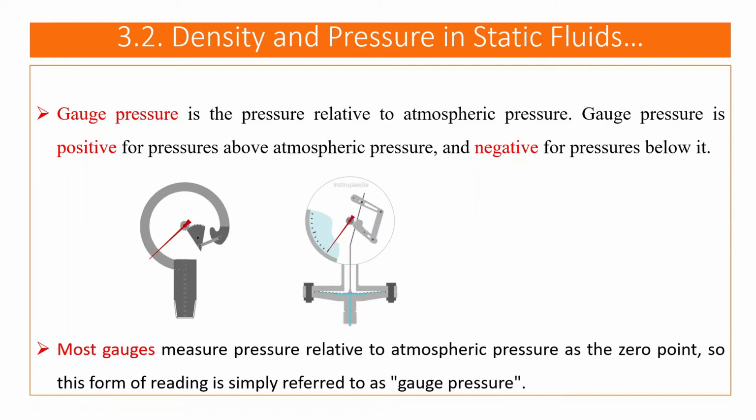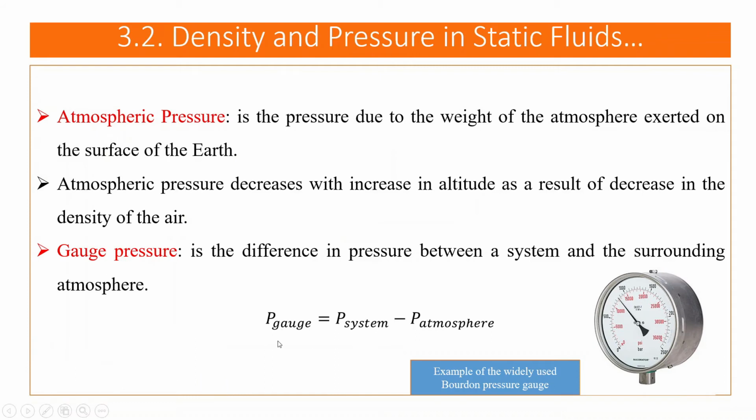So let's go back and see the formula: the gauge pressure is equal to the pressure of the system minus the pressure of the atmosphere. If the pressure of the system is greater than the atmosphere, the gauge pressure is positive. If it is less than the pressure of the atmosphere, the gauge pressure is negative.